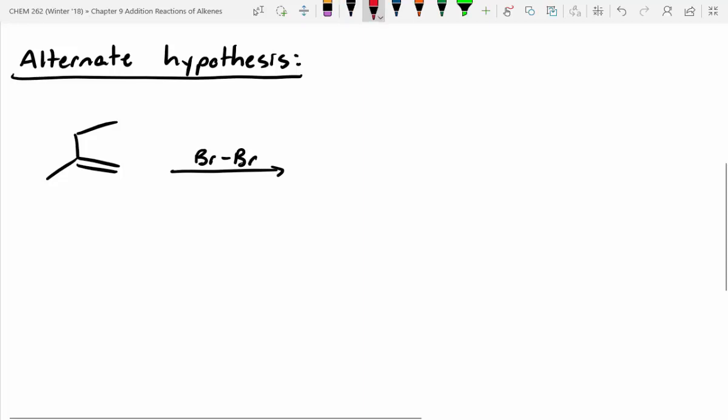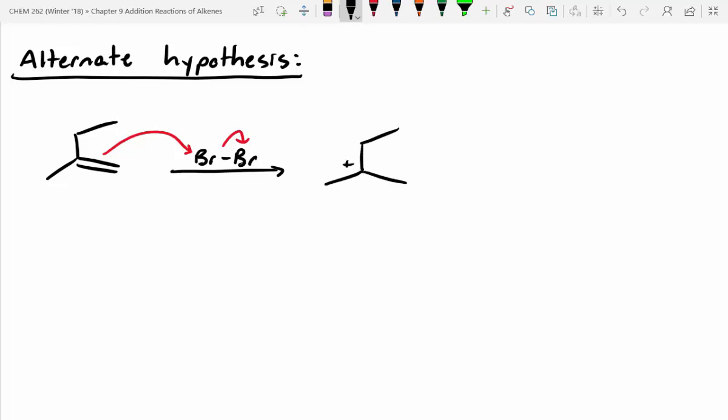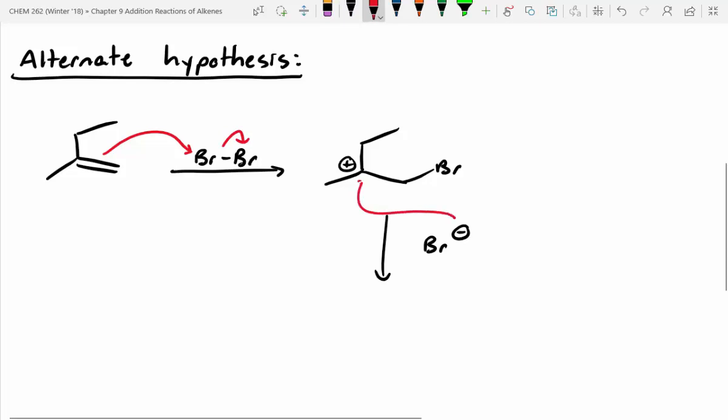We would think, why doesn't it just do what we saw before with a hydrohalogenation reaction where we just form a carbocation, right? For a lot of students, that would make sense. And then at this point, we could have bromide float around, and it could attack from the top face or the bottom face, just like we said before.